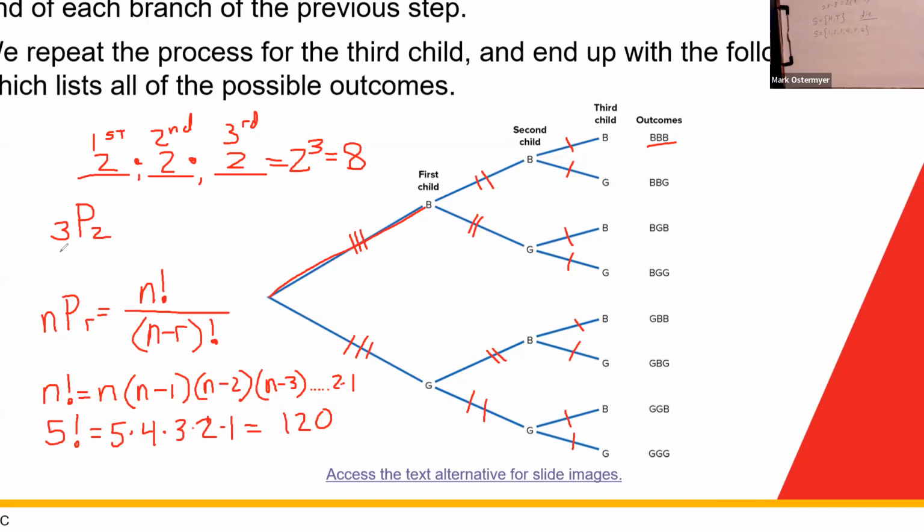So if we are going to have 3 children, where order matters as far as the gender is concerned, and there's 2 possible genders per trial, if you will, that should give us 3 factorial divided by 2 is 2.